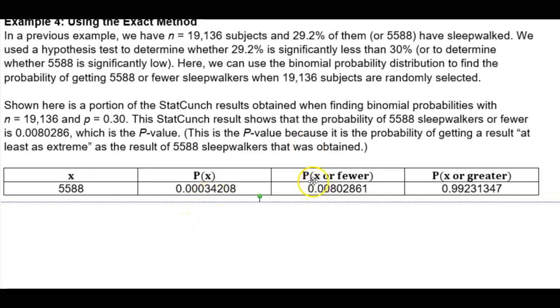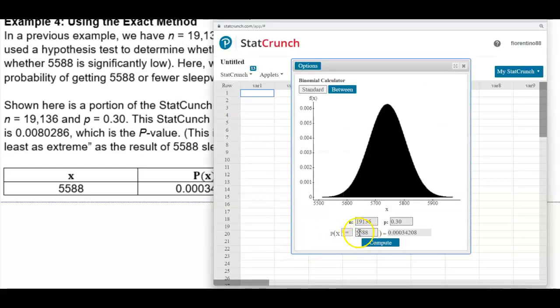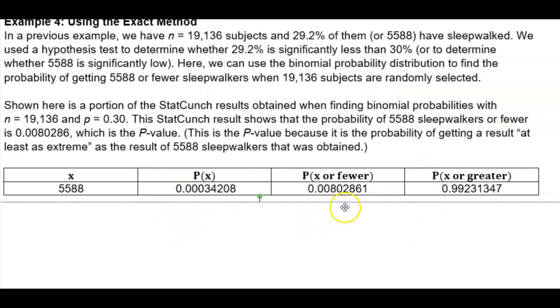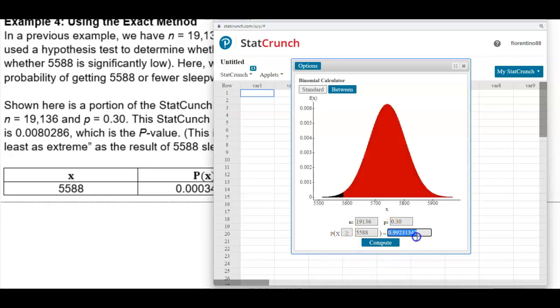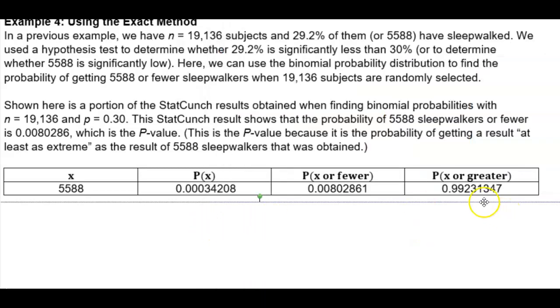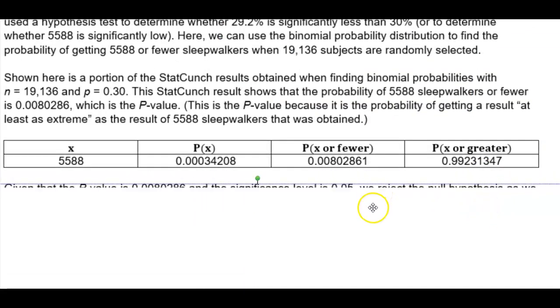We just found that x or fewer gives us that probability, because if we put in less than or equal to, that is 0.080281. Now, what would we get for the probability of x or greater? If we change this to greater than or equal to, then we get the probability 0.99231347.